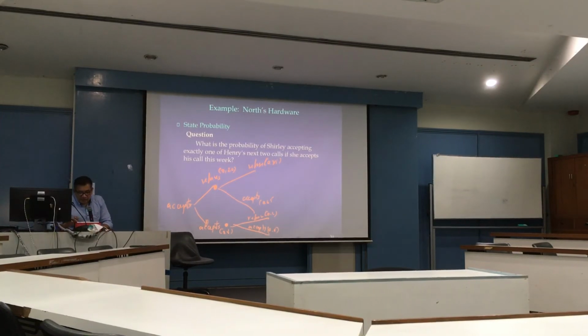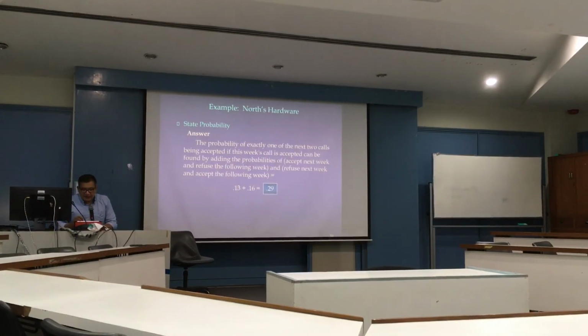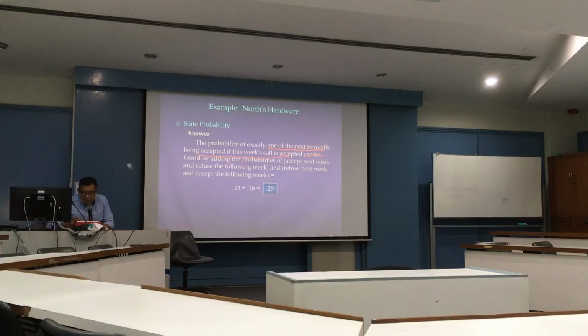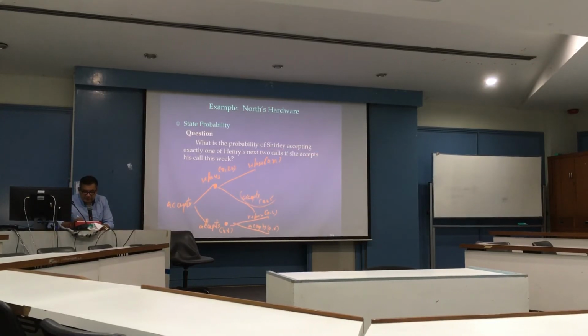Okay, so if you want to find the probability that one of the next 2 calls is accepted, if this week's call is accept, you can use the probability of accept next week and refuse the following week, and refuse next week and accept the following week. So one of the next 2 calls being accepted: this one and this one.